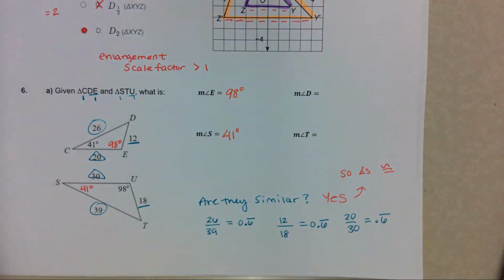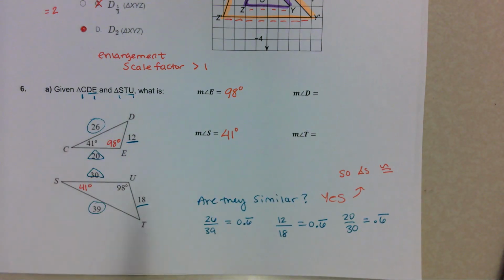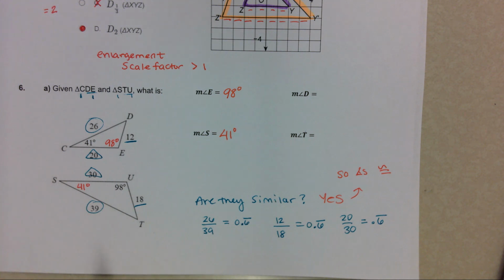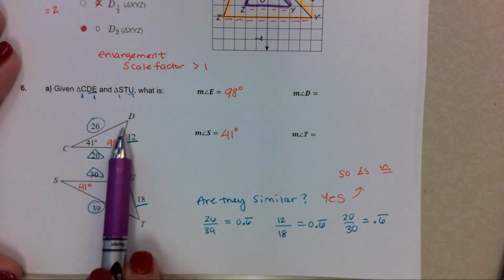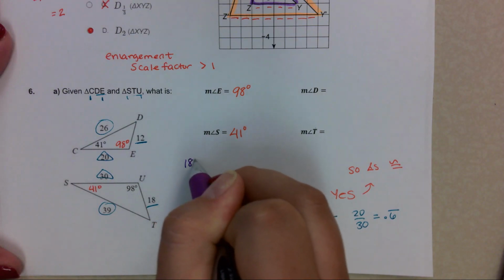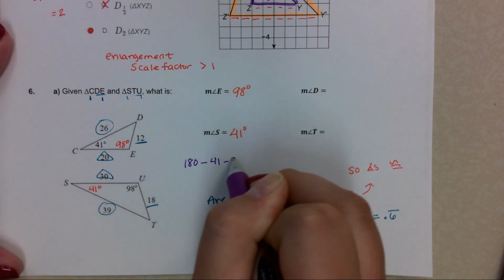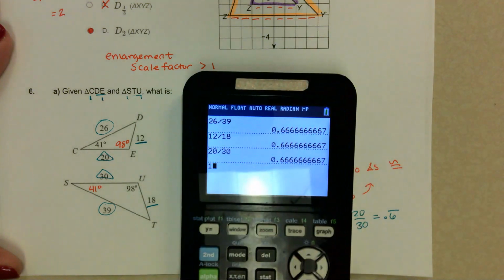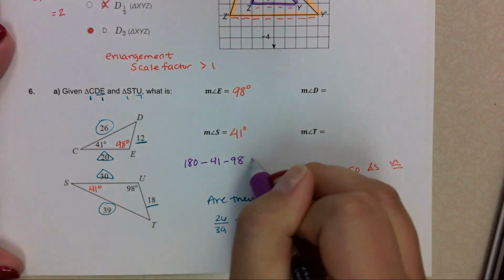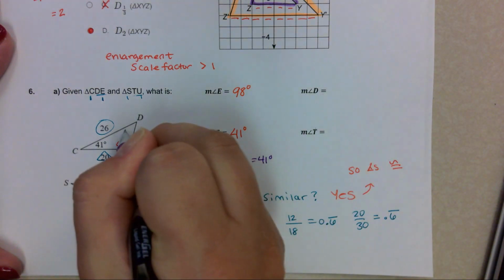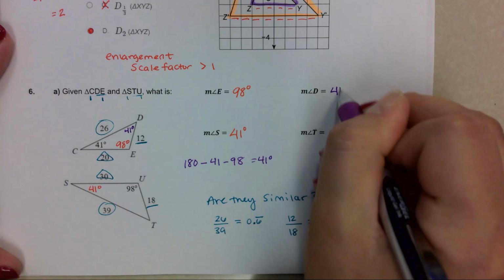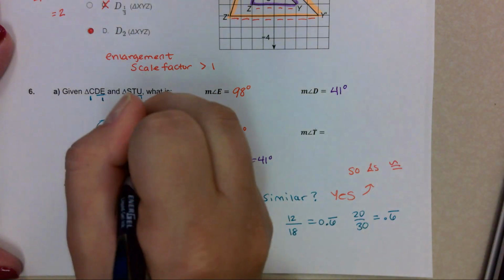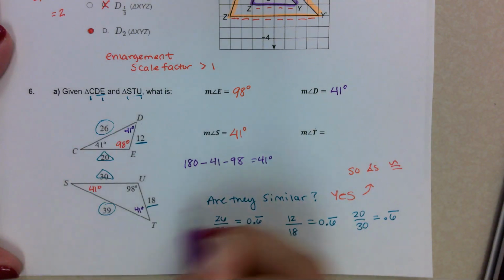And then for our missing angle in each triangle, we'll use that triangle sum theorem that you've learned about in an earlier topic that says all three angles must add up to 180. So I'm going to take 180 minus 41 minus 98, and that's 41. So that means angle D is also 41. And so D corresponds with T, so T is also 41.